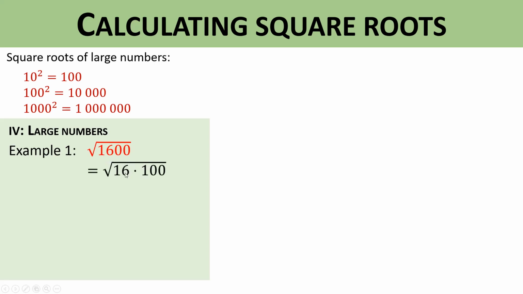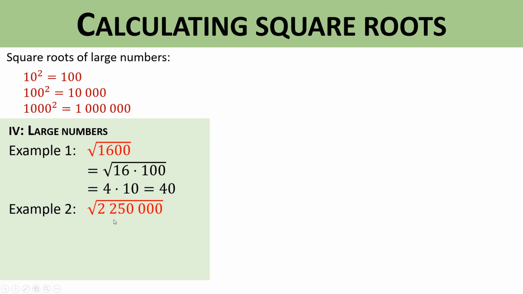And now I know it doesn't matter whether I multiply these two numbers first and then take the square root, or take the square roots of them separately and then multiply the result. So I can just take the square root of 16 and the square root of 100 and then multiply those two numbers. So the square root of 16 is 4, square root of 100 is 10, and I can multiply them afterwards, and that gives me 4 times 10 is 40.